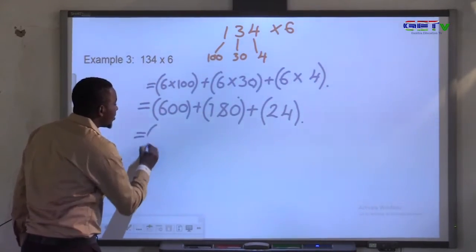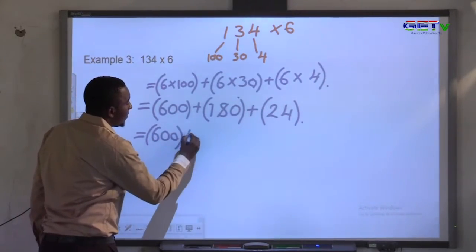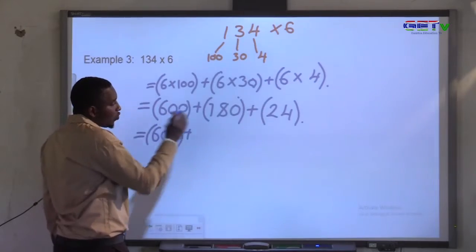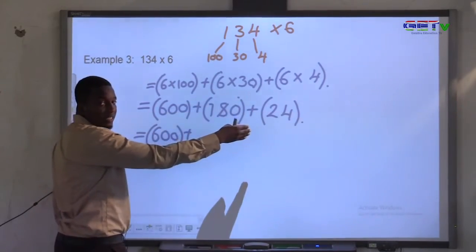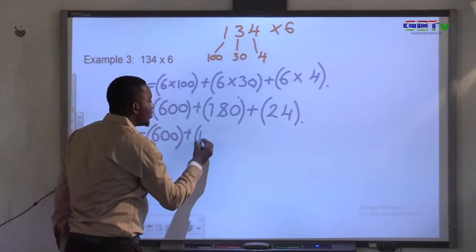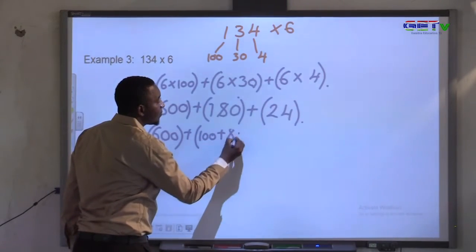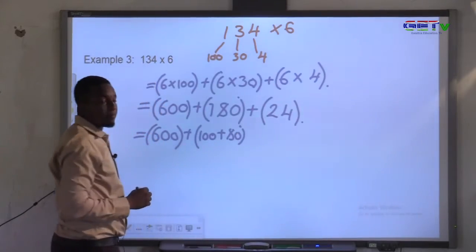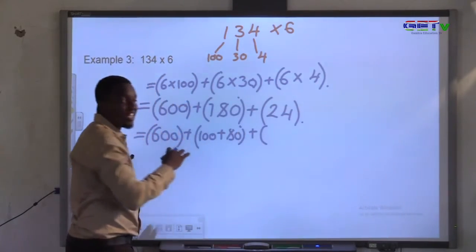That is going to give us 600 plus. This is 180, so we can have 100 plus 80. Plus, what we have here is 24.